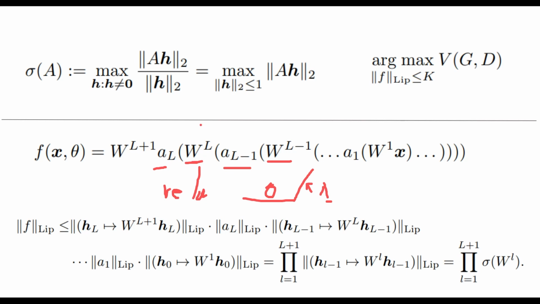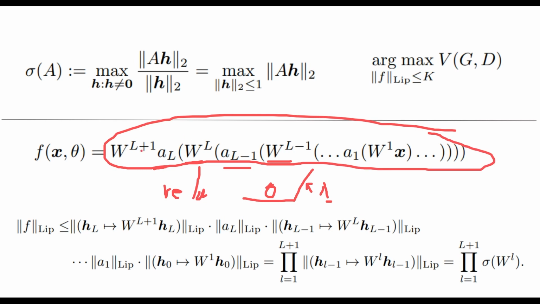If every linear part is Lipschitz, because of the chain rule, the whole function is also Lipschitz. This one is actually stricter than Lipschitz, because not only is the whole function Lipschitz, every component in this chain of function compositions is also Lipschitz. How do we actually make this one Lipschitz?